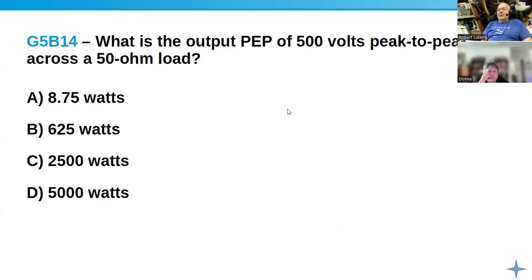What is the output peak envelope power of 500 volts peak to peak across a 50 ohm load? Peak to peak across the resistance.